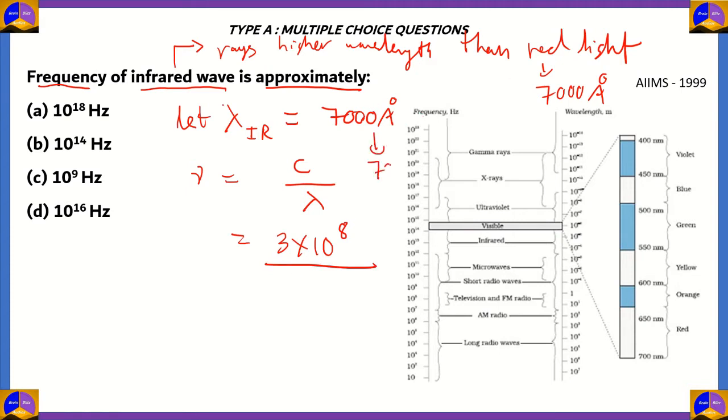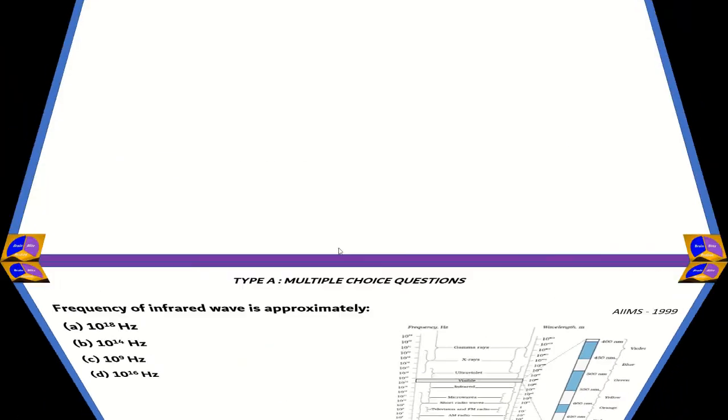So that is basically 7,000 into 10 raised to minus 10, which we can write as 7 into 10 raised to minus 7. So now we can write this as 3 by 7 into 10 raised to minus 7 goes up, so that becomes plus 7. 8 plus 7 is 15. 3 by 7 into 10 raised to 15.